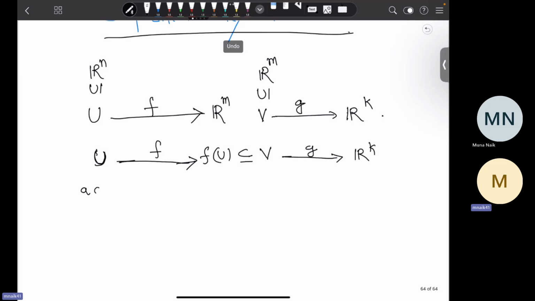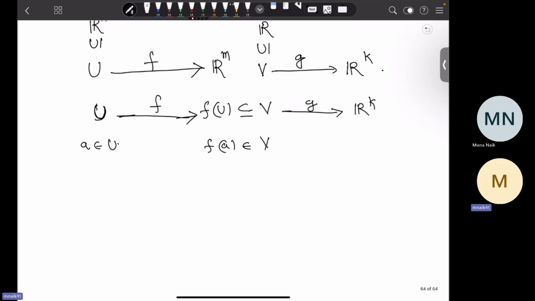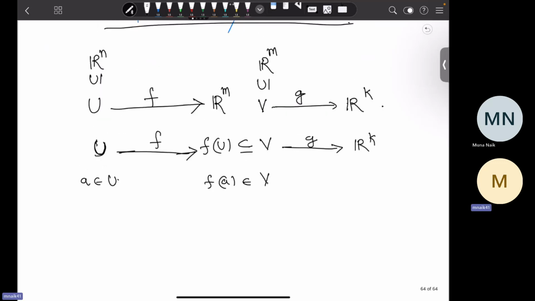Suppose a belongs to U, that implies f of a belongs to B. U is an open set, and B is similarly an open set.